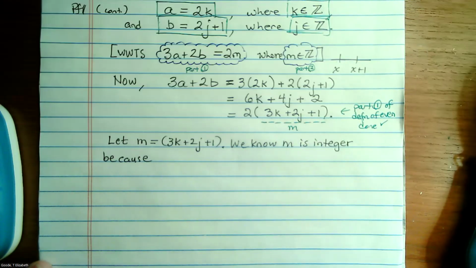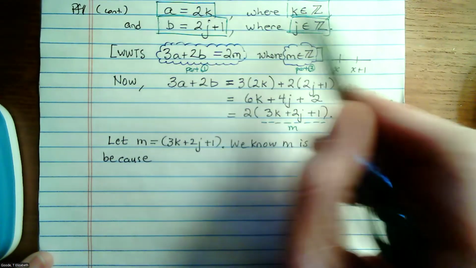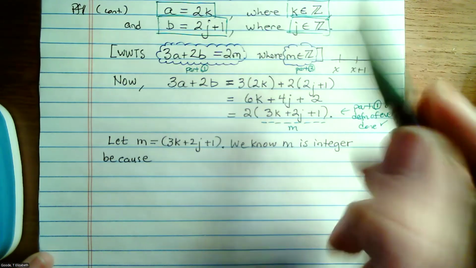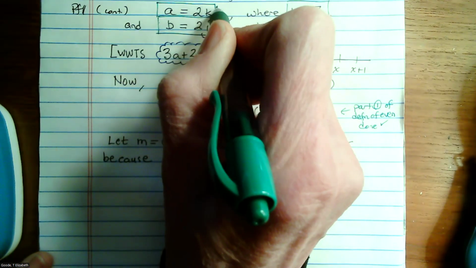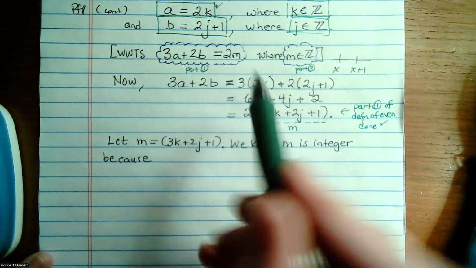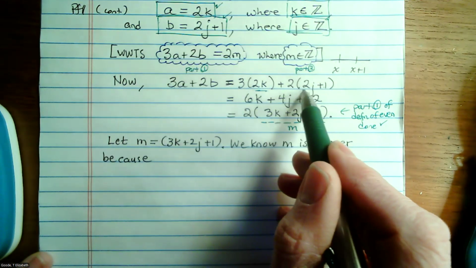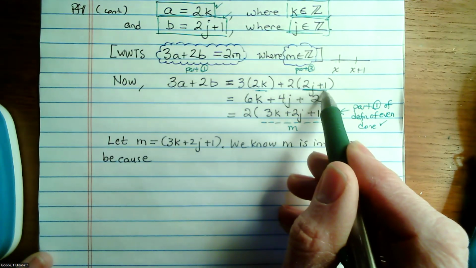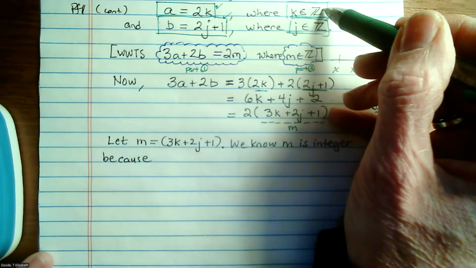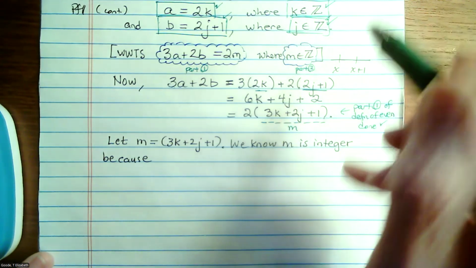And the other thing you want to do is look at our proof money. We want to spend all this money that we just got out of the math ATM when we cashed in on the definitions. We spent A equals 2K when we substituted. We spent B equals 2J plus 1 when we put it in for B. What we haven't used yet is the fact that K is an integer and J is an integer.